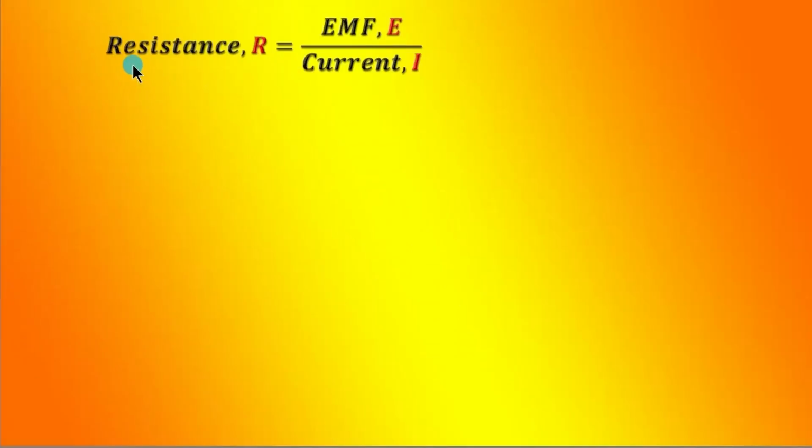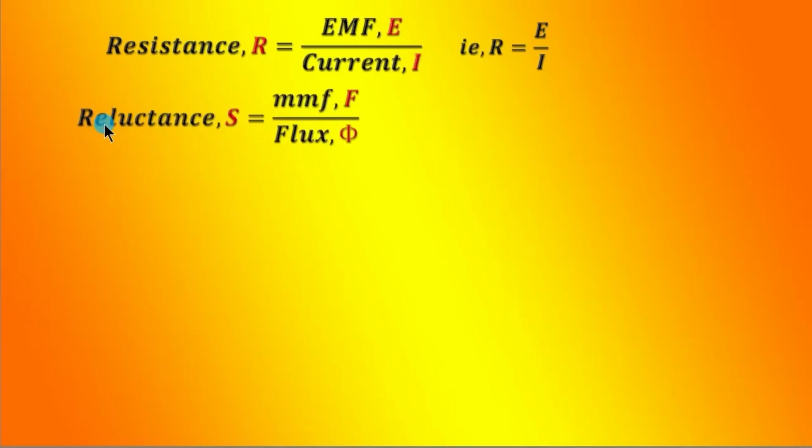In an electric circuit, resistance R is equal to EMF E divided by current I, that is, R is equal to E by I. In a magnetic circuit, reluctance S is equal to mmf F divided by phi, that is, S is equal to F by phi.